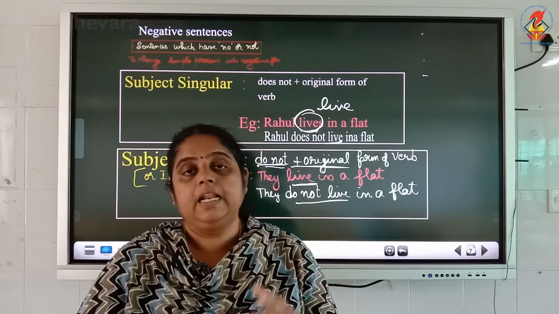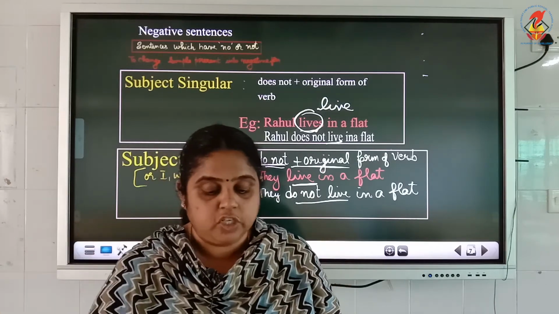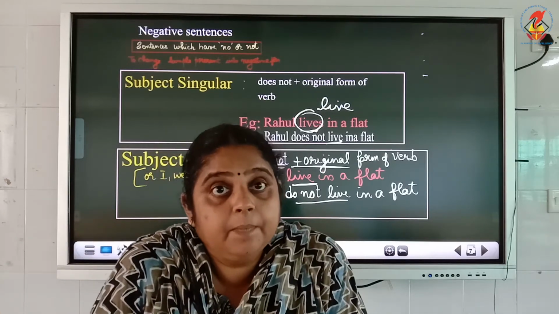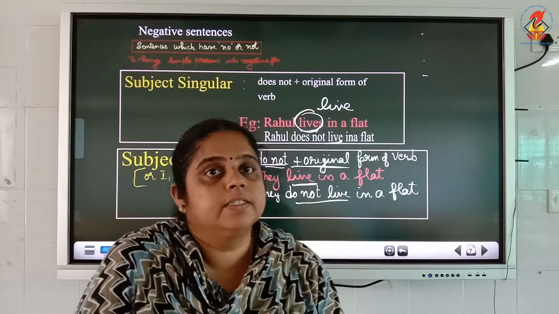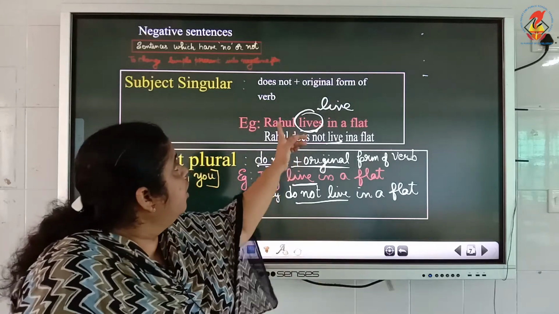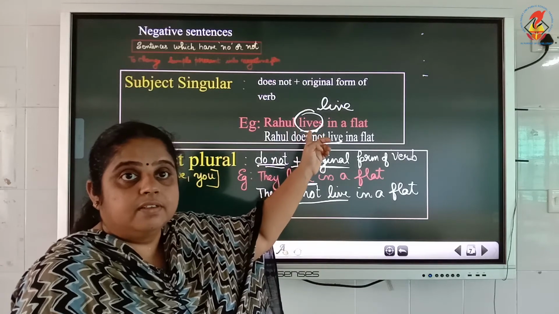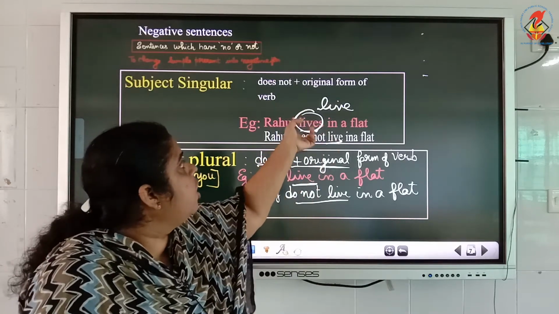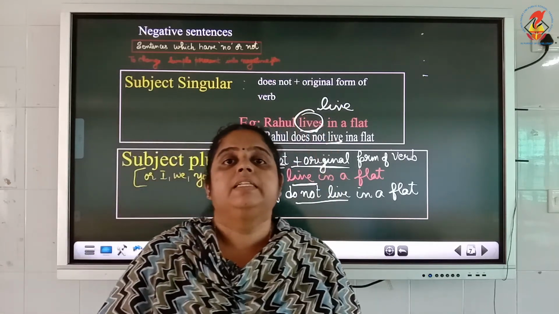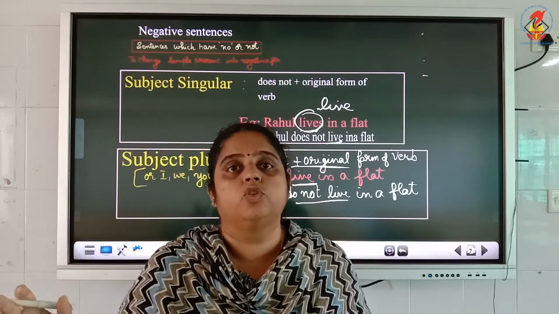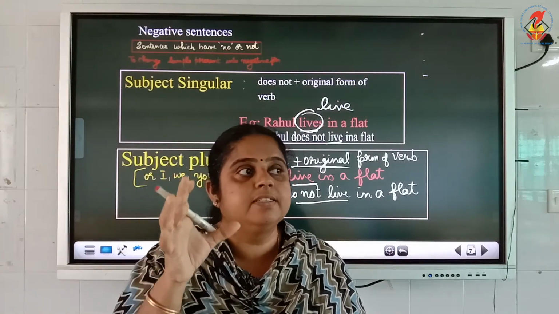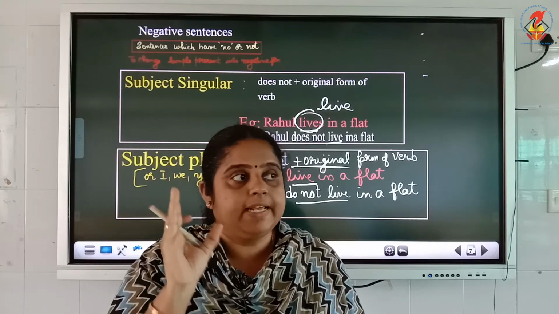The cycle belongs to him. How will you change it? The cycle do not, or does not? Does not. Does not belong to him. The cycle does not belong to him because it's singular. Since it's singular, we use does not.